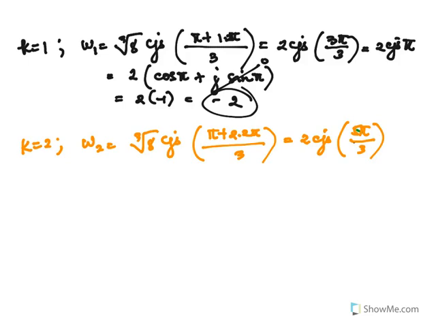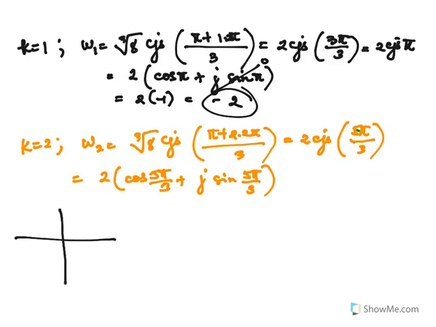Okay, so what's 5 pi over 3? Okay, cosine and sine of 5 pi over 3. Kasi ito ay 2 cosine 5 pi over 3 plus j sine 5 pi over 3. So, using reference angles, nasa anong quadrant ang ating 5 pi over 3? 5 pi over 3 is 2d minus 1, right?